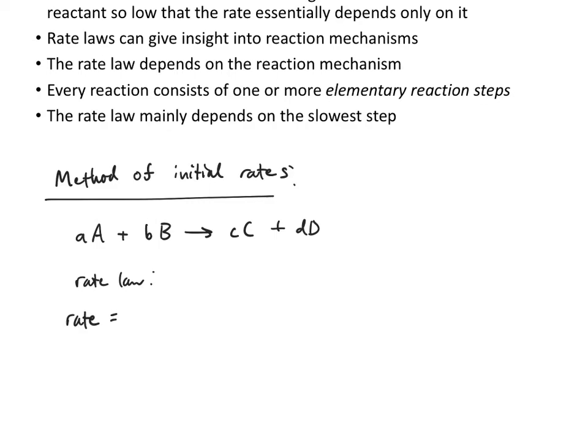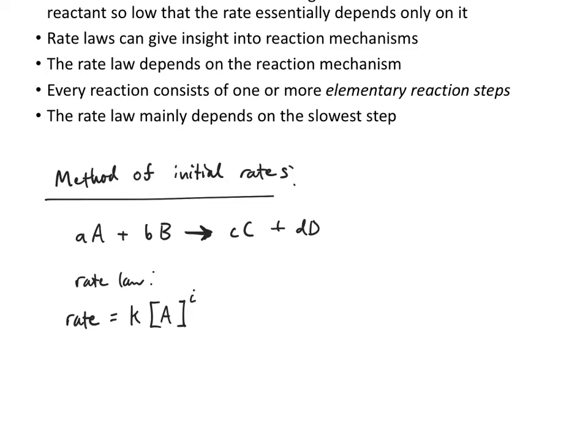Let's say that the rate equals some rate constant. We don't know its numerical value, we don't know its units, and since this arrow is one directional in the reaction, that means that the rate law is only going to depend on the reactants. We'll see examples of how the rate law will eventually depend on the products as well, but we'll get to that at a later time.